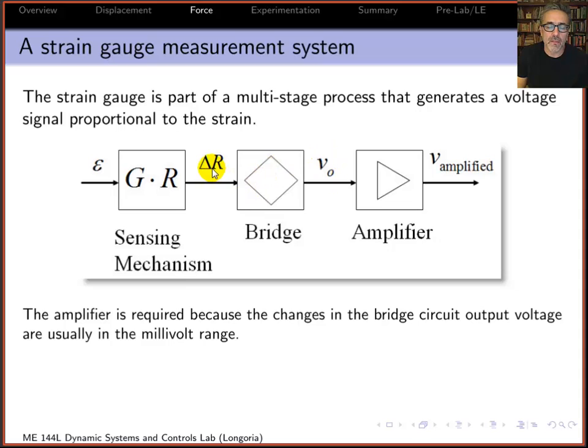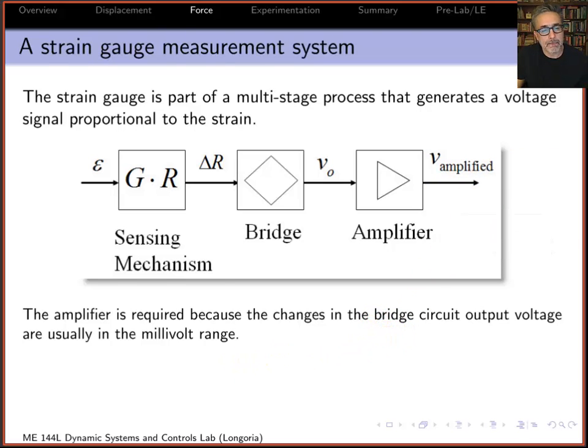You're converting, instead of measuring changes in resistance, you want to measure changes in voltage. Then you need an amplifier. Not only are the resistance changes small, voltage changes tend to be in the millivolt range. So you need a nice clean amplifier here.